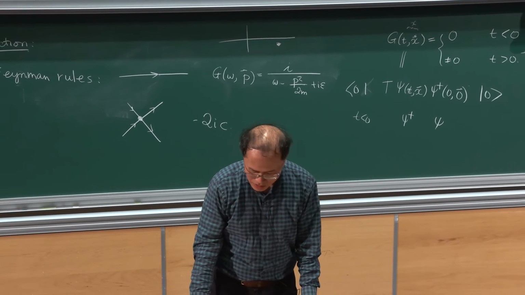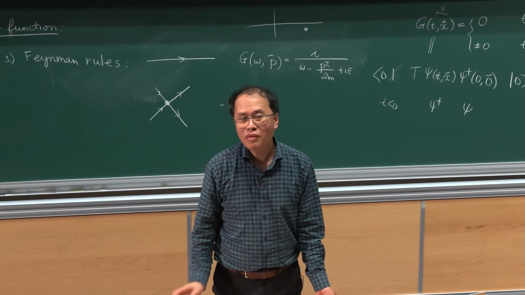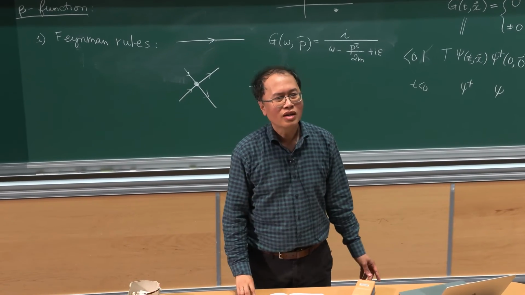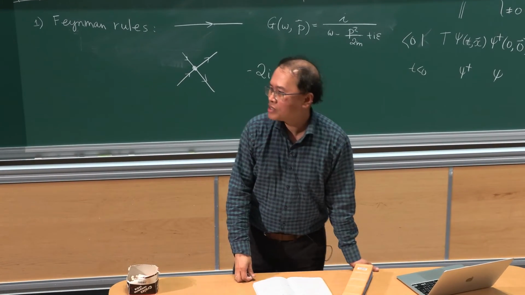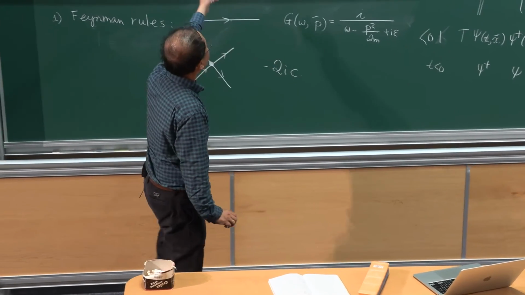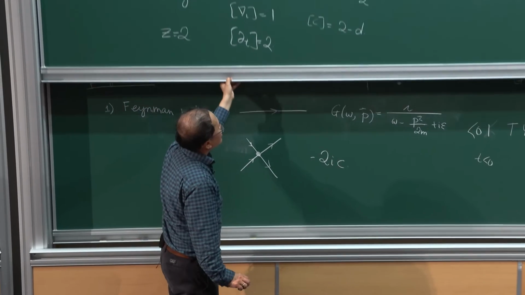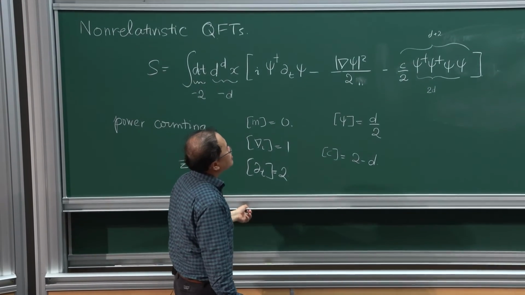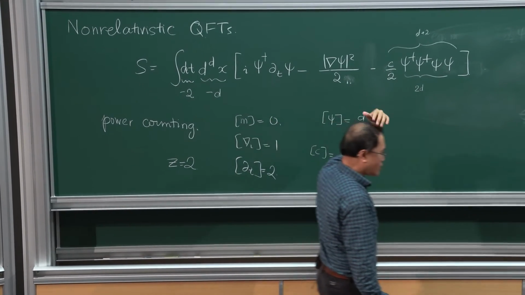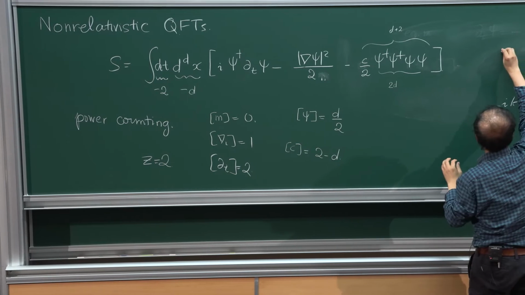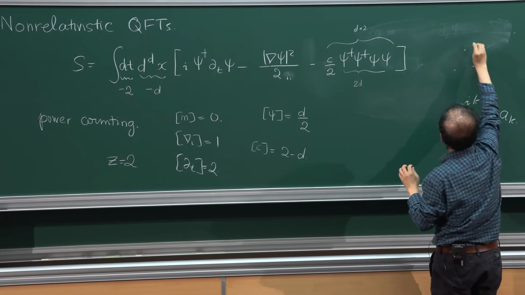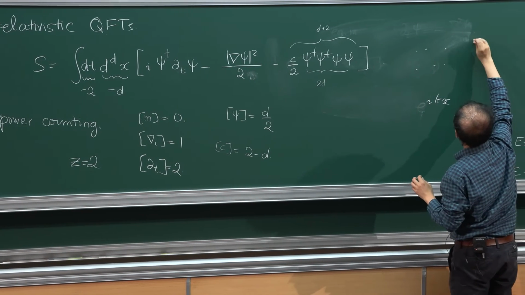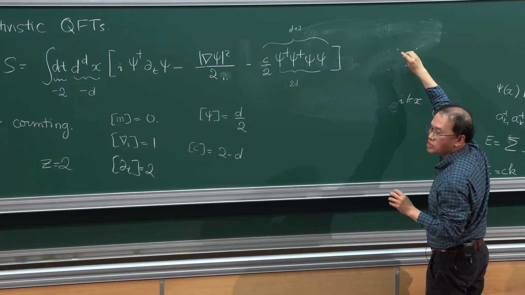So let's go back to what we wanted. Maybe I answer this question. What do we want to describe in this theory? Basically, here we are trying to write down a field theoretical description of a collection of particles interacting with each other through a delta functional potential.